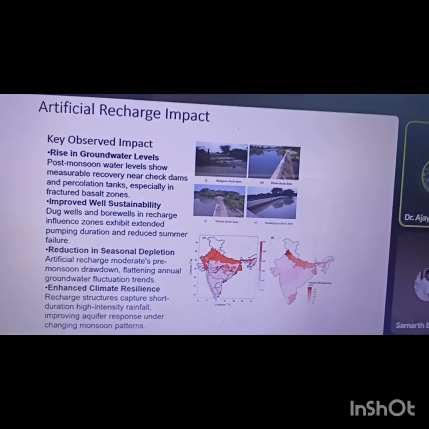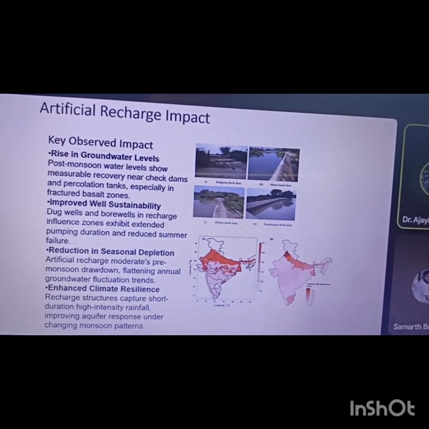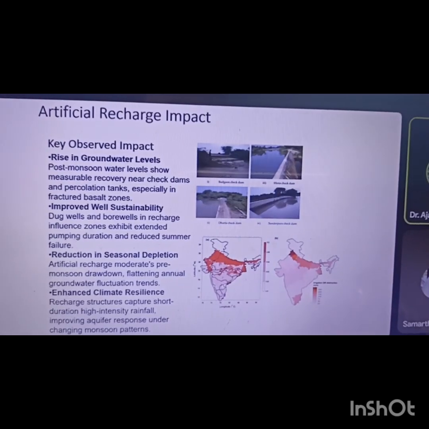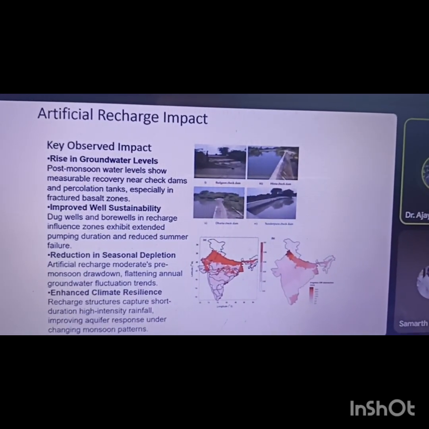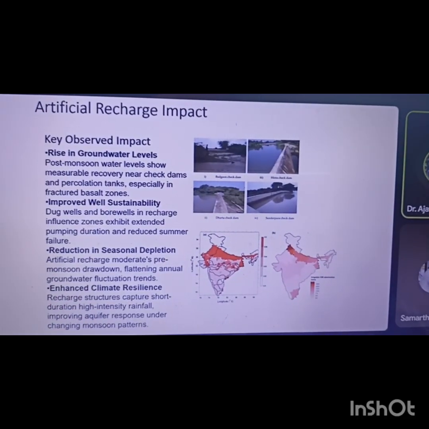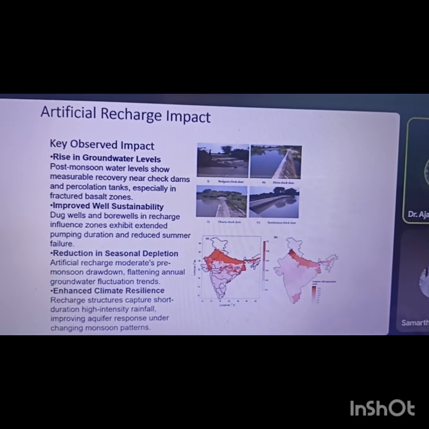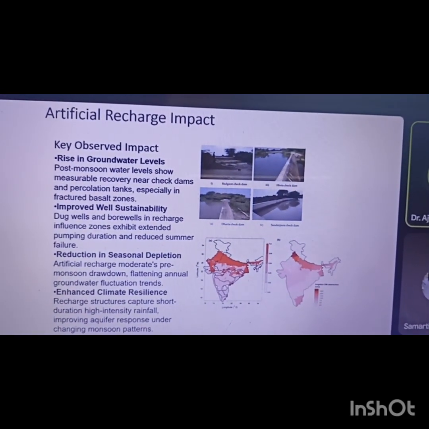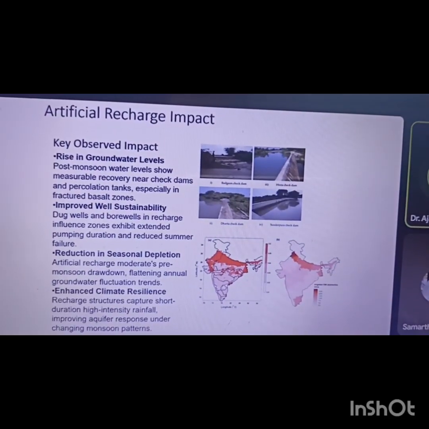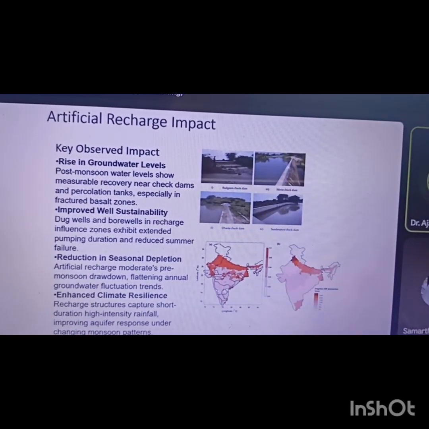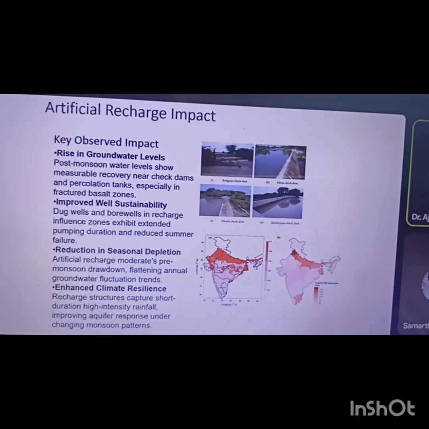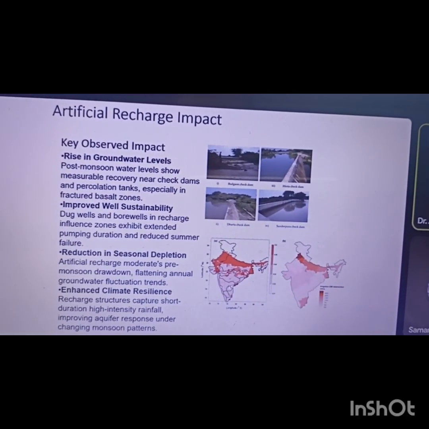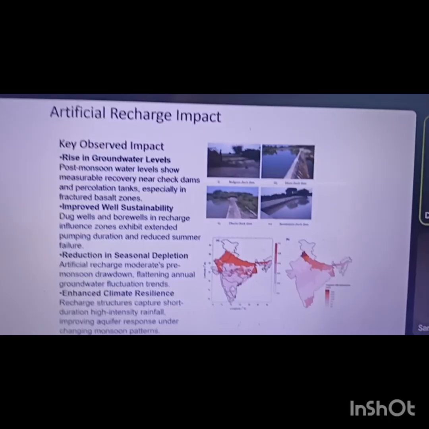Then there will be improved sustainability. If the dugwell and borewell recharge increases, there will be good water availability during summer also. Then there will be a reduction in seasonal depletion and enhanced climate resilience, because if we increase the water, it reduces climate impacts. This is also studied with the help of GIS and remote sensing.